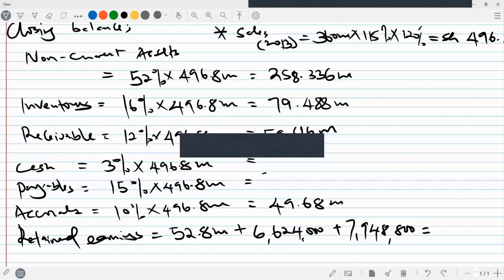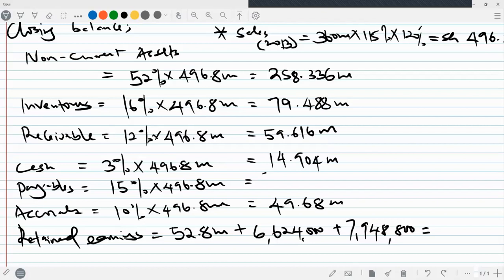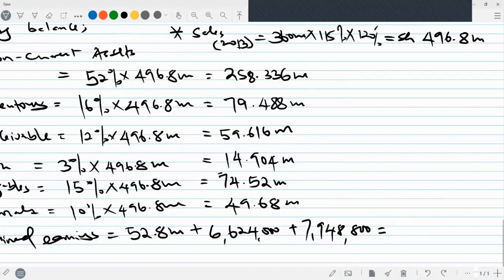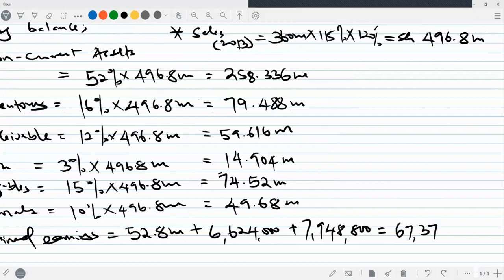Cash 14.904. Payables 74.52. Retained earnings, how much? 67.3728.